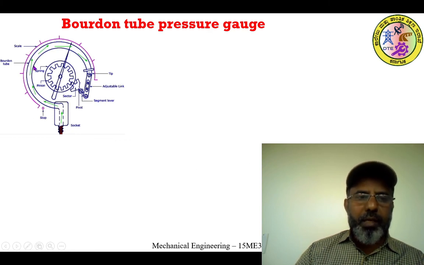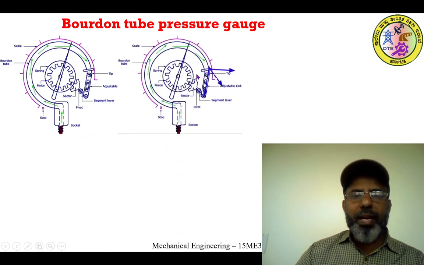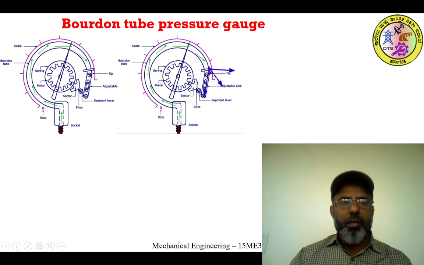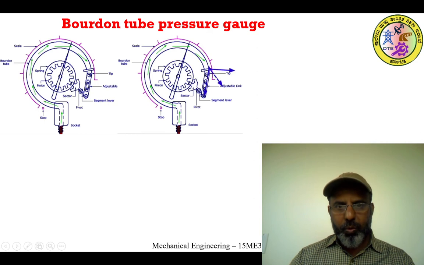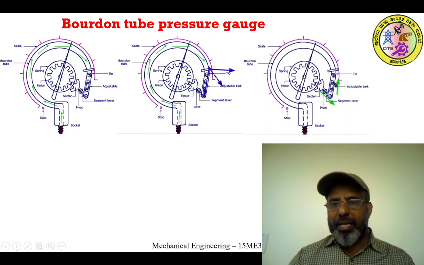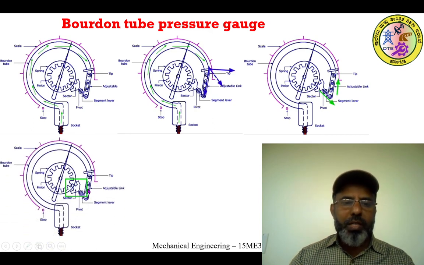Now when the fluid enters the Bourdon tube, it will try to straighten, and its cross section will change. Here, as it straightens, it moves outwards. Because of the outward movement, the adjustable link attached to the closed end of the Bourdon tube tries to move upwards, and since the sector is pivoted at a point, as the adjustable link moves, the sector moves backward and has an oscillatory motion.